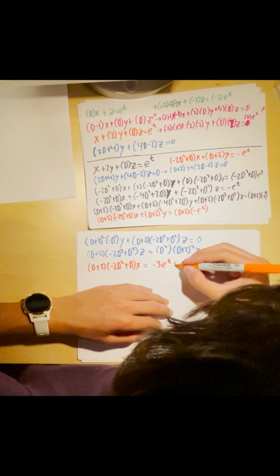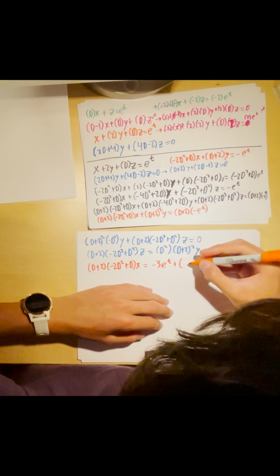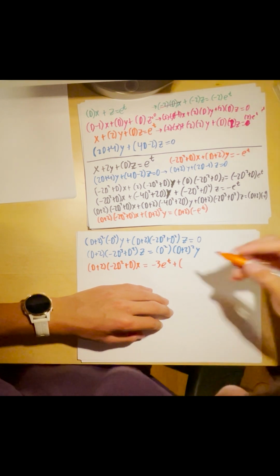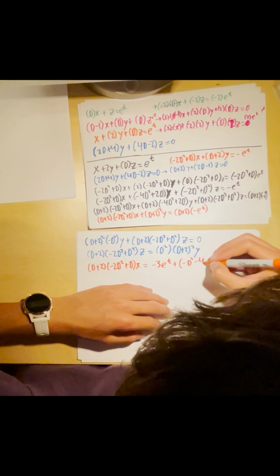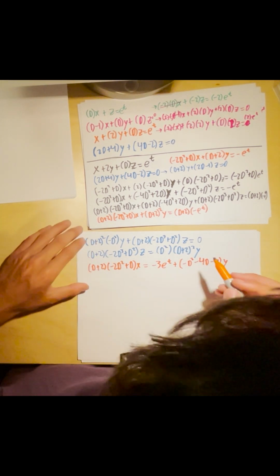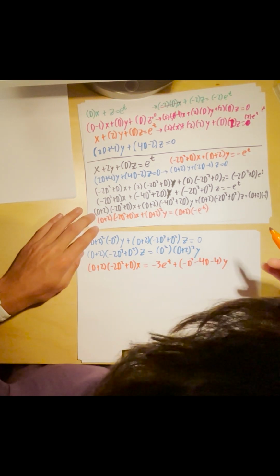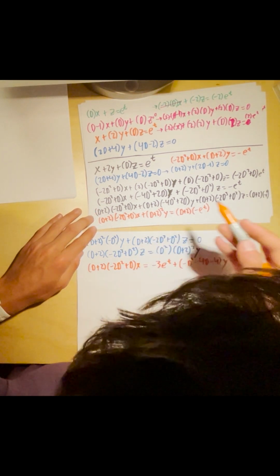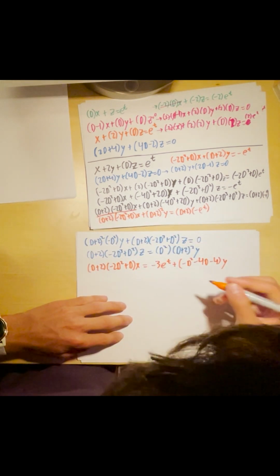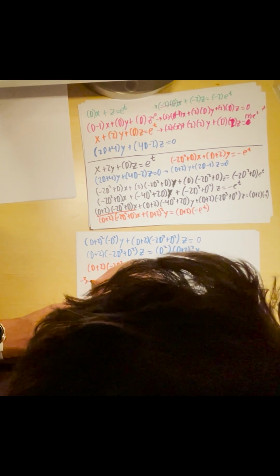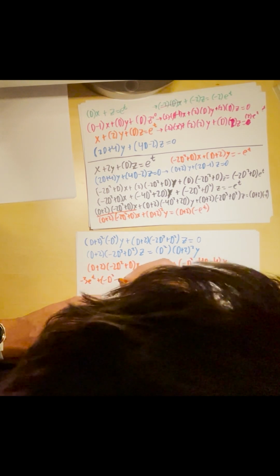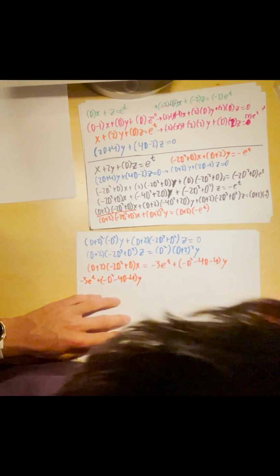And so when we do that, I'm going to factor this out, which would be d squared plus 4d plus 4, but it's negative in front of all of them, so it's going to be negative d squared minus 4d minus 4y. And now we can look here and start matching up terms. So I'm going to underline what's going to be replaced first. So we're going to replace this, underline it in orange because that's what I'm replacing it with, negative 3e to the t plus negative d squared minus 4d minus 4y.